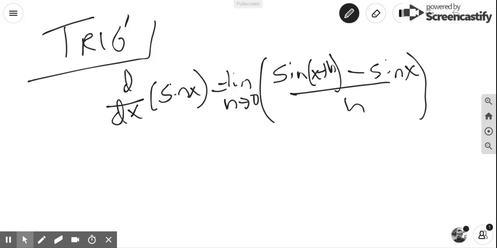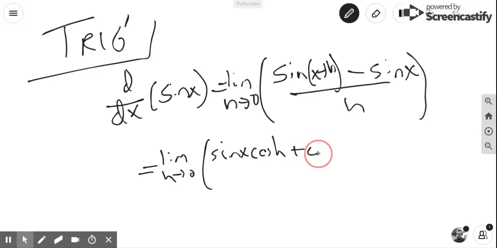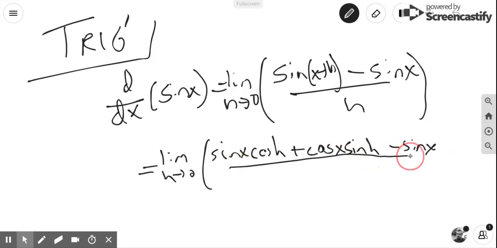If we expand that out using that property, I'd have the limit as h approaches 0 of sine x cosine h plus cosine x sine h, and that's one of those trig properties we learned last year. Then minus sine x still, it just drops down, still all over h.